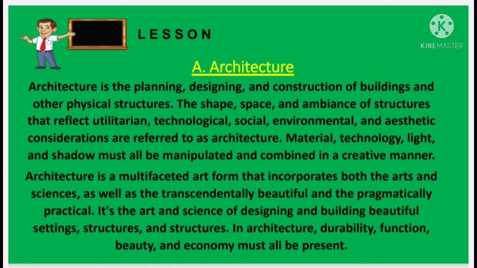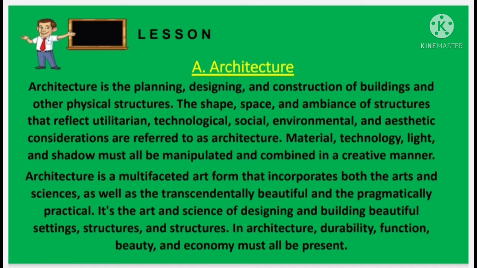It requires the creative manipulation and coordination of material, technology, light, and shadow. Combining arts and sciences, the transcendentally beautiful and the completely pragmatic, architecture is an all-encompassing art. It is the art and science of creating beautiful spaces, of designing structures, of constructing buildings.